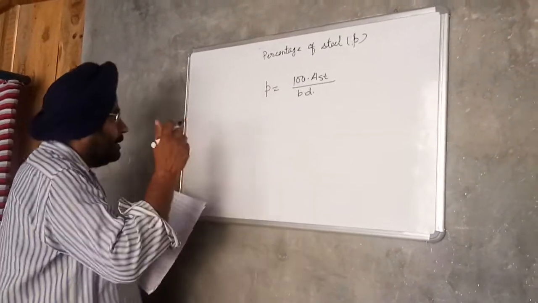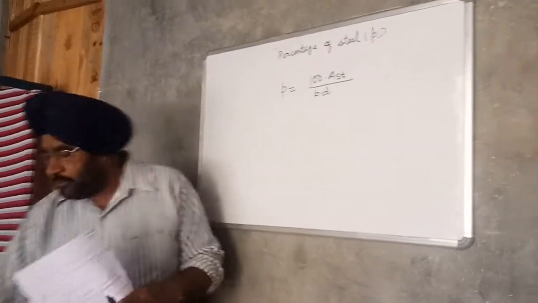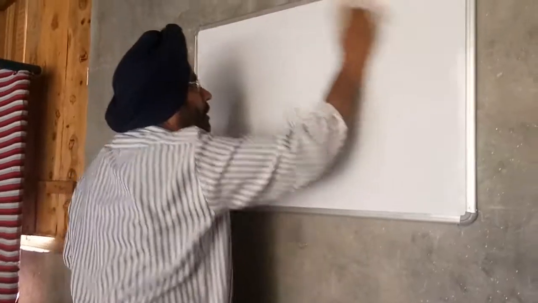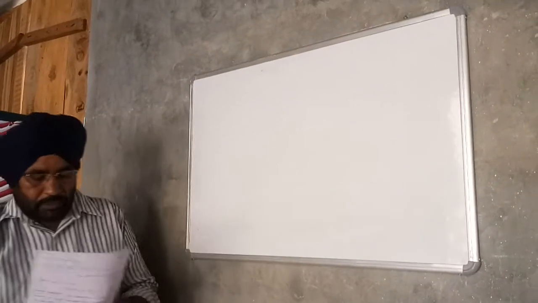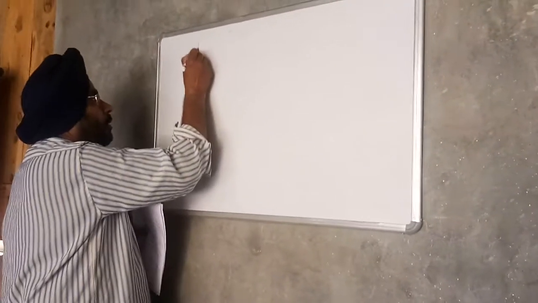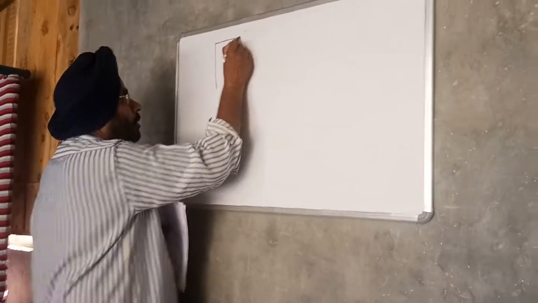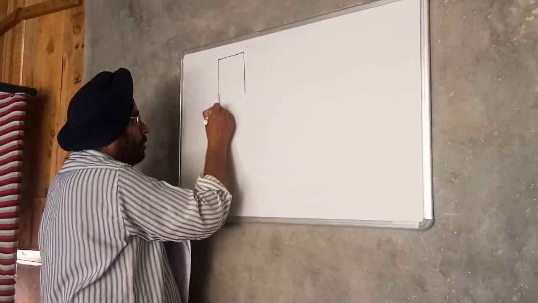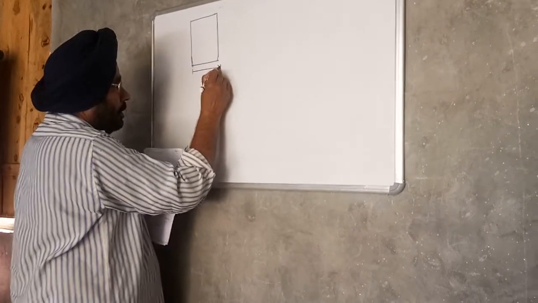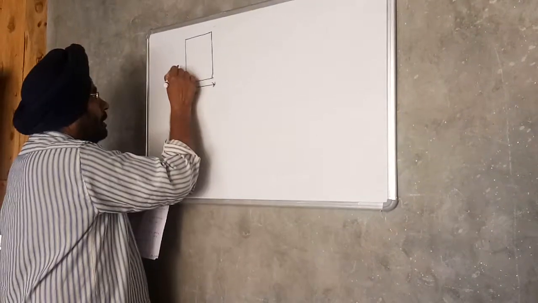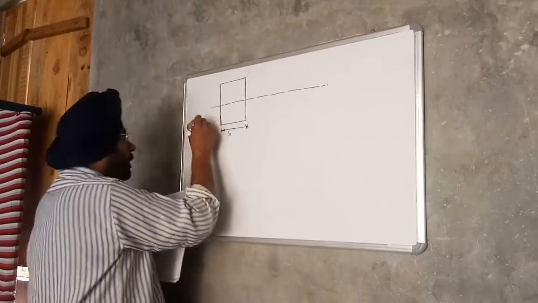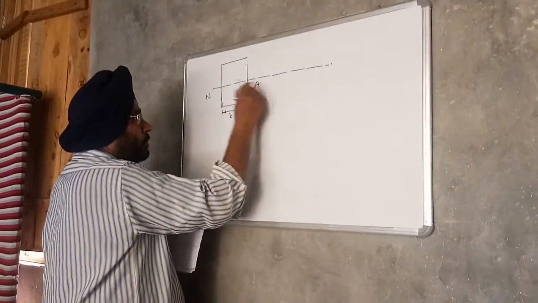So next, consider the cross section of the beam. So B is the width of the beam section and this is the position of neutral axis.